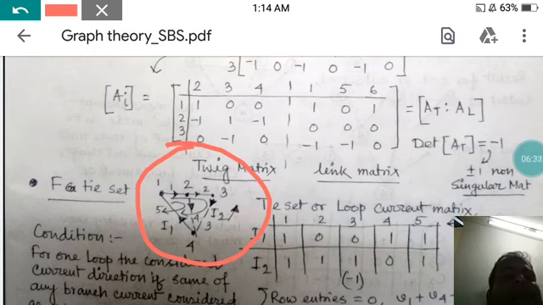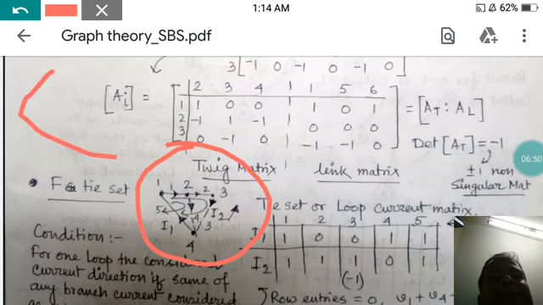In this particular graph, if I remove these three links, the graph looks like this. It can have one node, a second node, and a third node.